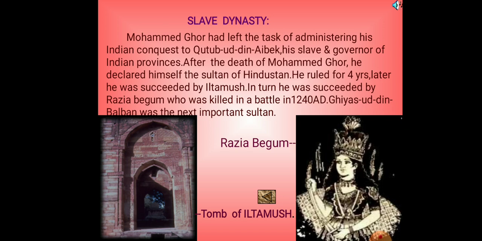After some years of rule, she was deposed by a group of nobles in 1240, and she was killed in a battle in 1240. And then Ghiyas-ud-Din Balban was the next important Sultan of the Delhi Sultanate. So here we have the description of the Slave dynasty.